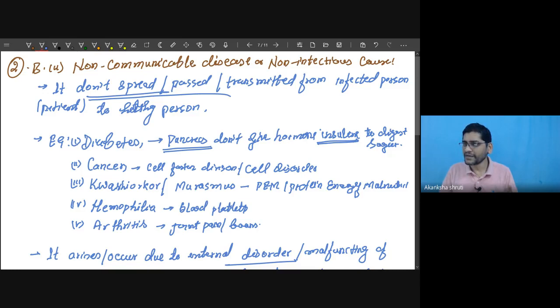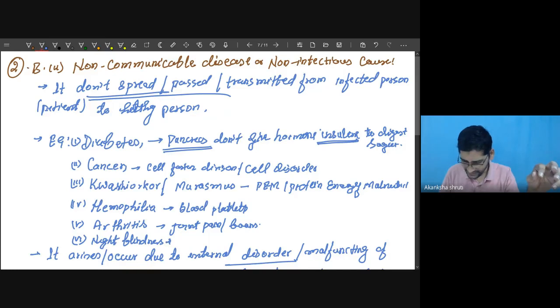Okay, there are many more. Maybe vitamin deficiency like beriberi, pellagra, night blindness, all these are also non-communicable. Write a few more. Night blindness. So it is lack of vitamin. In twilight or at night, the object will not be visible to the person.